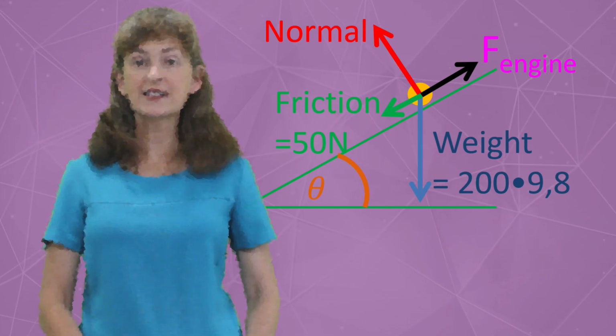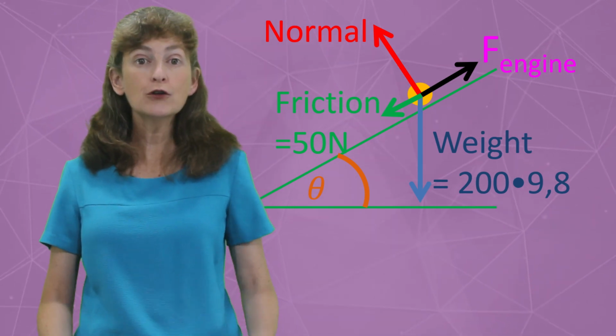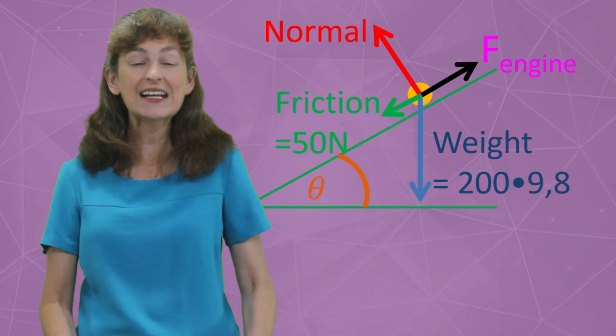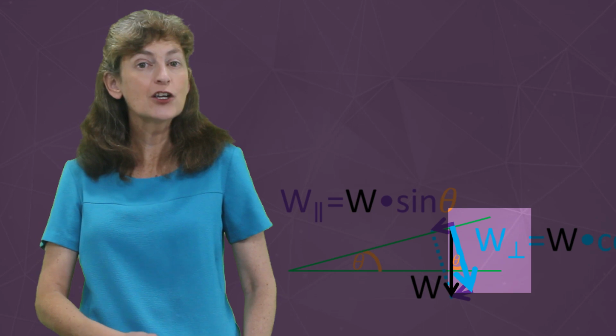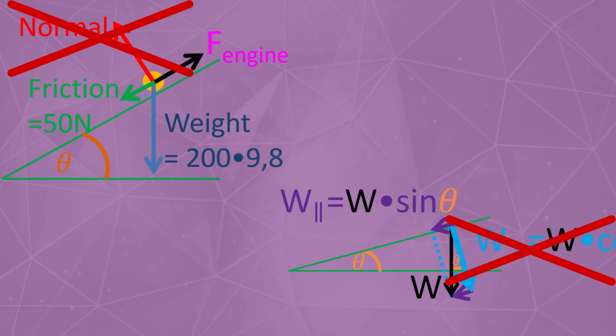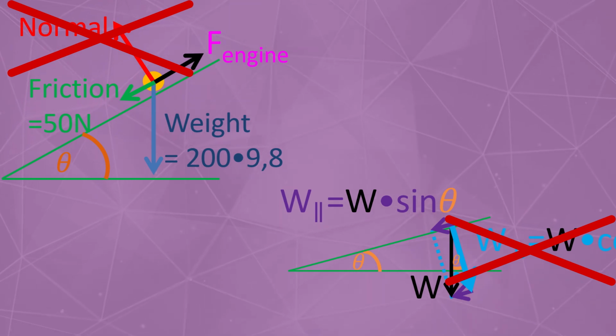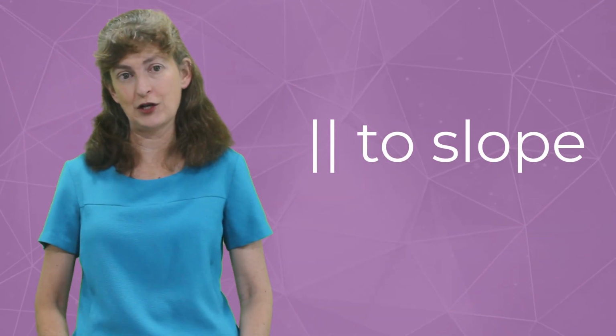We can further simplify things by realizing that there are only two forces acting perpendicular to the slope, the normal force and the perpendicular component of the car's weight. And these two are going to cancel one another out, so we don't need to worry about them. So we can simply focus on the forces acting parallel to the slope.